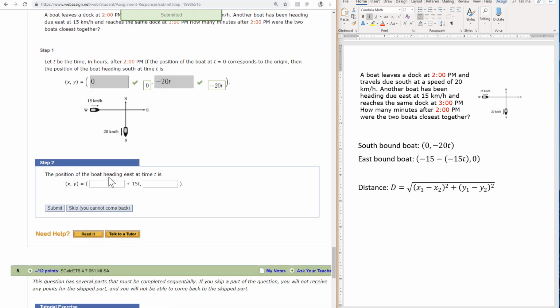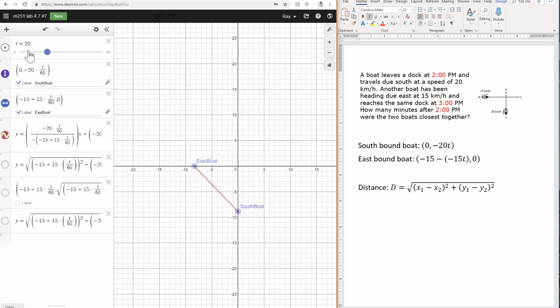And then the position of the boat heading east. Again, it starts off 15 kilometers due east. So if we have this on the x-axis like we do, its actual position at the starting point is negative 15, 0.